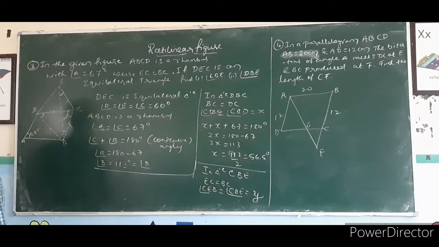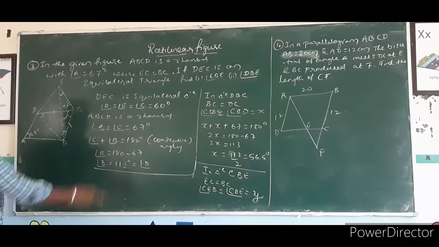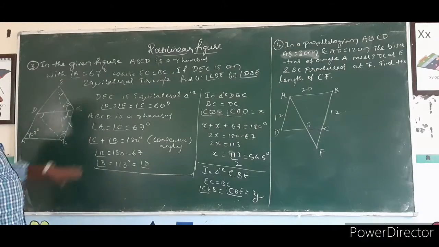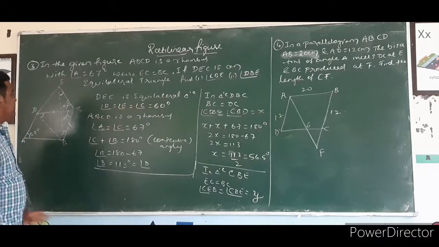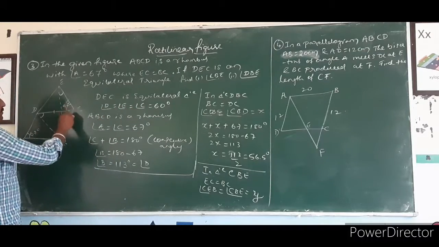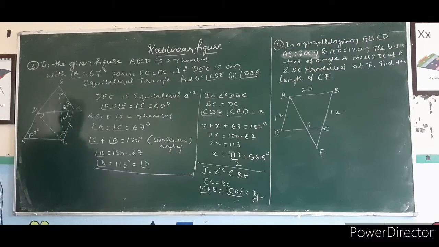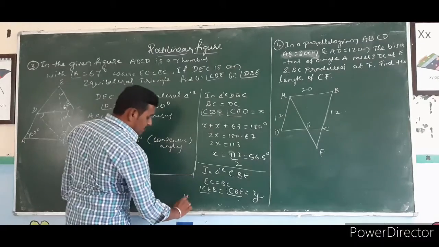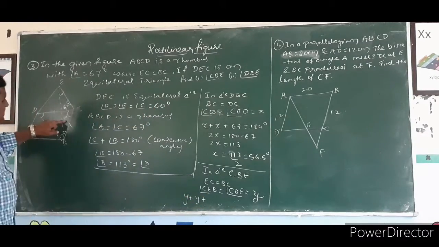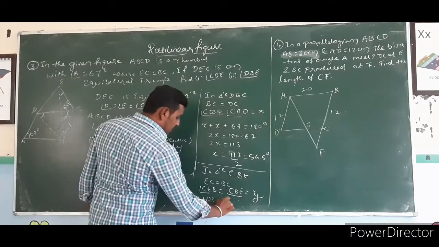Next, what we have to do? Angle C is equal to 90 degrees here, because DEC is an equilateral triangle, means this part is equal to 90 degrees. So next, if you add these two, what will you get? Sorry, 60, not 90. 60 plus 67 is 127. So apply the BCE triangle interior angle sum property: y plus y plus 67 plus 60, that is 127, is equal to 180.